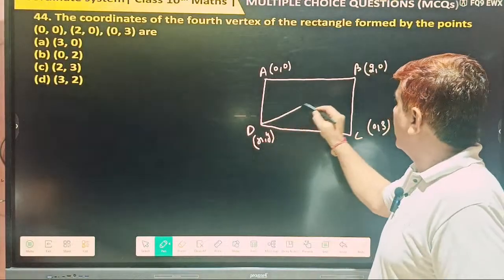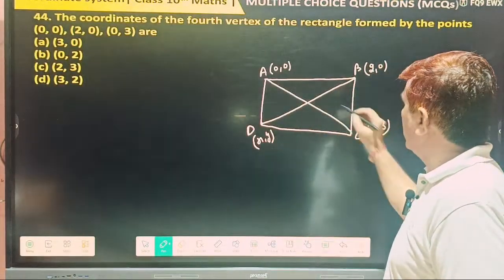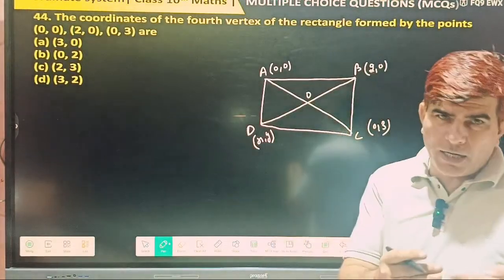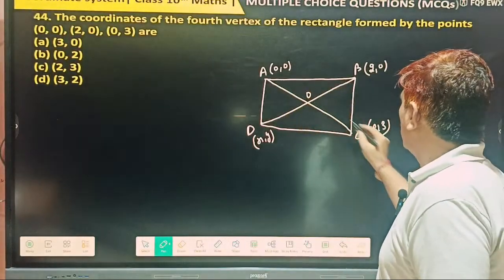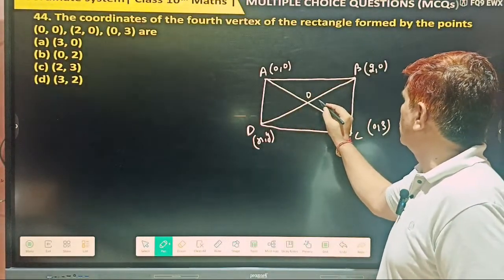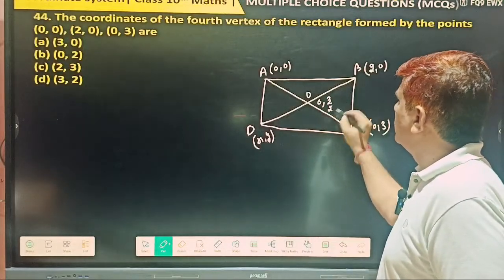So a rectangle is also a parallelogram, so its diagonals also bisect each other. So O, if we are taking, what's the coordinate of O? 0 plus 0, 0; 3 plus 0, 3 by 2.